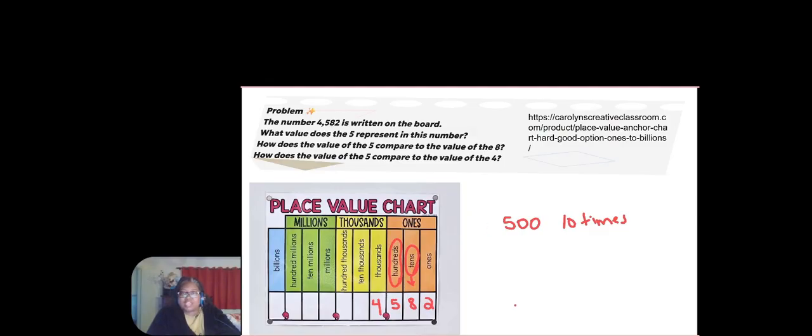Well, if we look then at the value of the 5 compared to the value of the 4, now we're looking at the thousands place compared to the hundreds place.